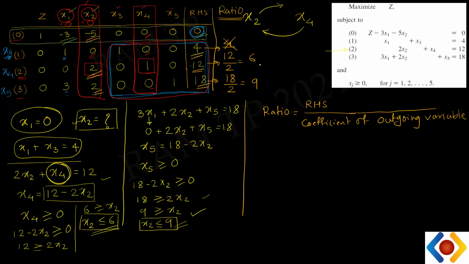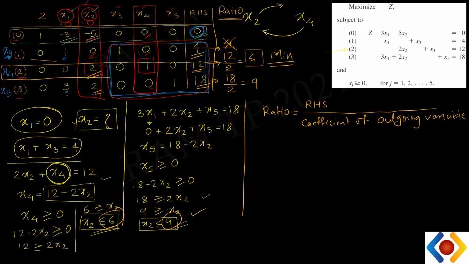Aren't these values the same as what we did here? Yes, sir. And what did we select? We select 6. You take the minimum value of this. This tells you which variable has to move, and this was referring to x4.